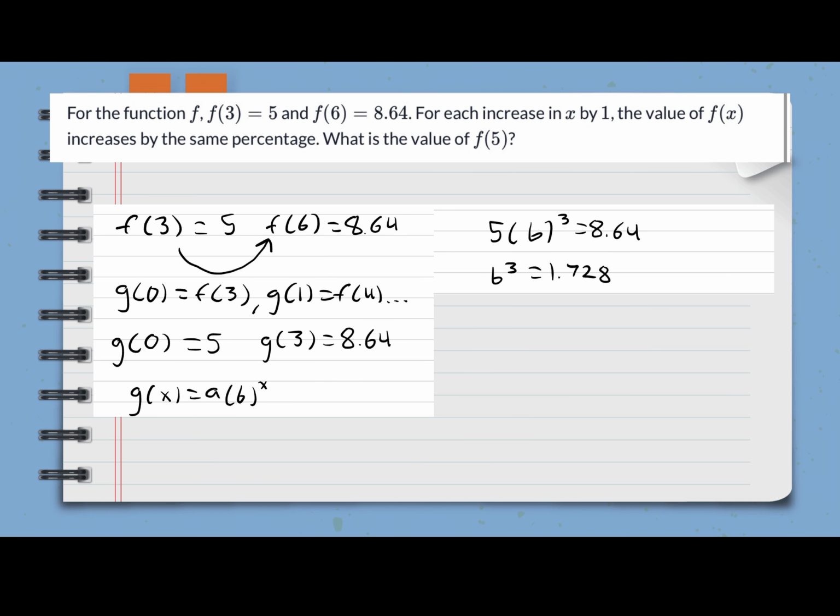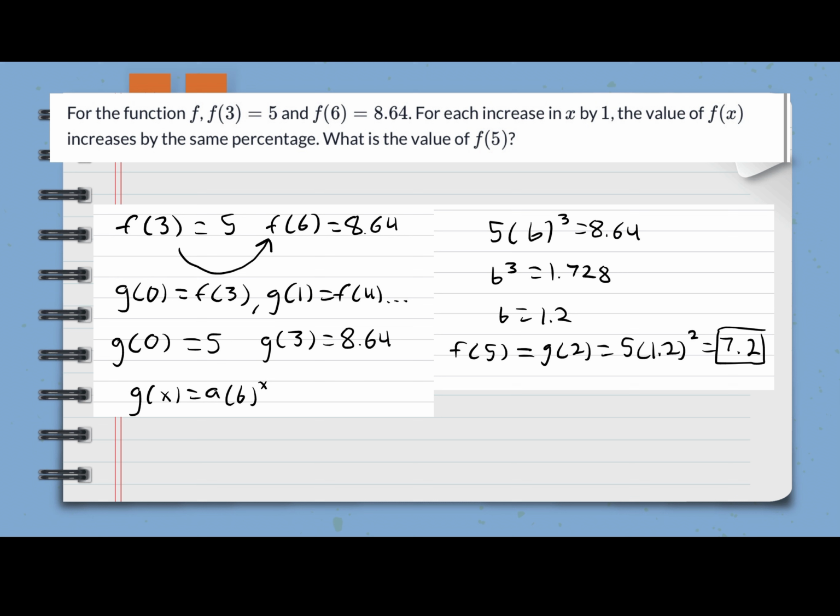You will have a calculator on the SAT, so I wouldn't be too worried about how to solve this by hand. And then you'll end up with b equals 1.2, but then you also have to plug that 1.2 back into the equation. So we have f of 5 equaling g of 2, and then you plug in 5 times 1.2, which is the given b that we found, to the 2, which is the initial x value of our g function, which ends up being 7.2.